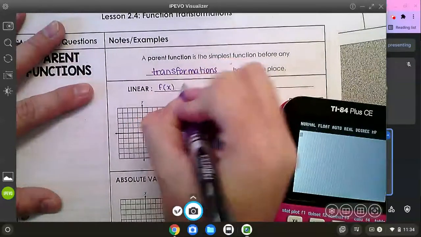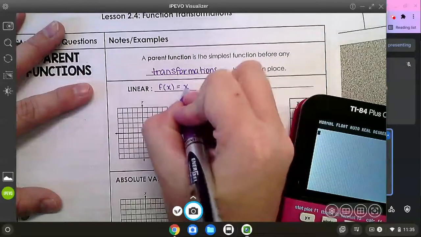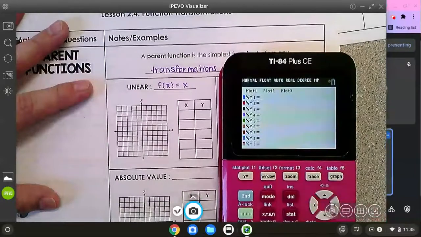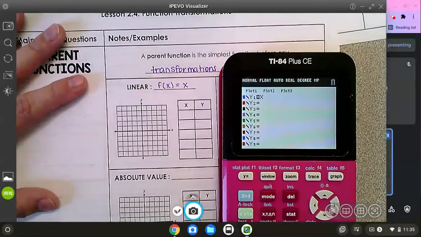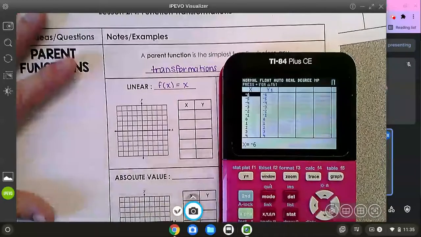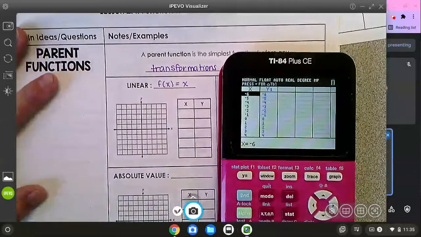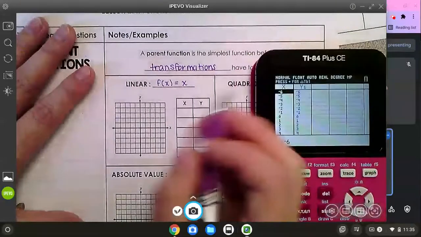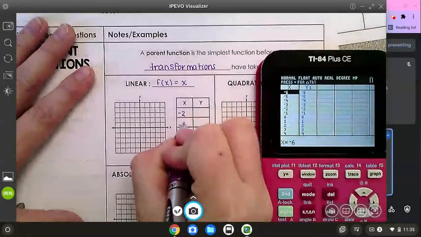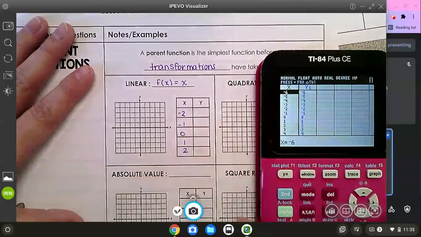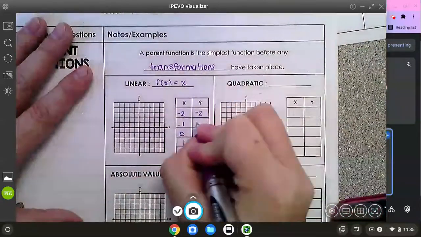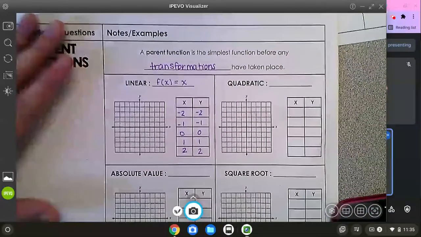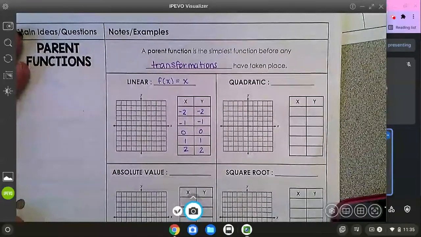f of x equals x, or y equals x. If we just type in y equals x, let's look at the table first and fill in some points. If y equals x, they're going to be the same, x and y. So this will give us a straight line.